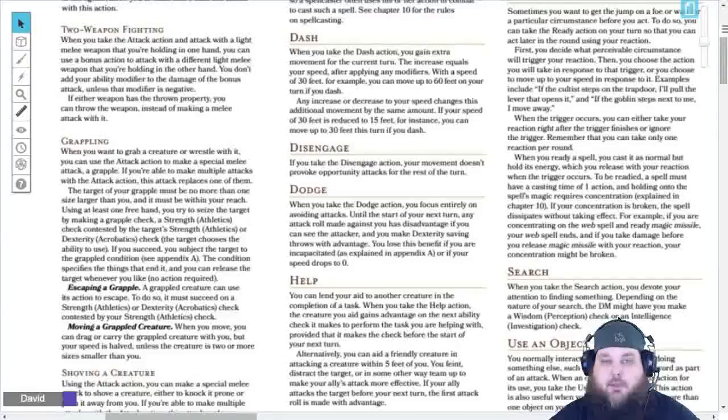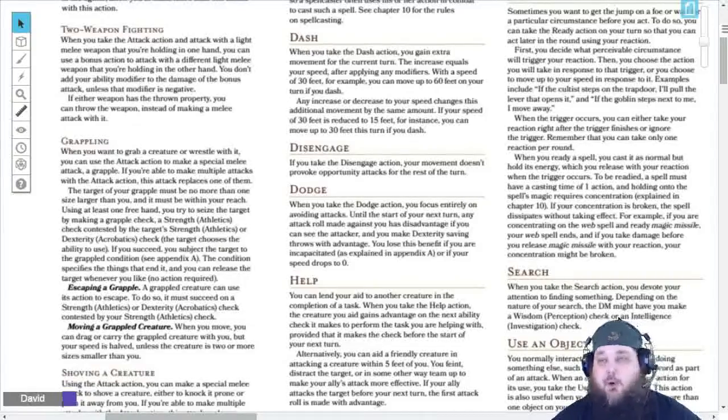Now, the extra movement for this turn is going to basically double your running speed. For example, if you have a movement speed of 30 feet, then if you use the dash action, you'll be able to move up to 60 feet with your dash. Now, take into consideration, some classes like the monk will get increases to speed over time.